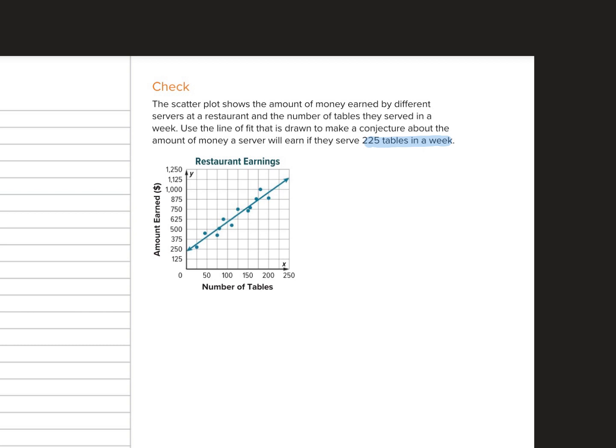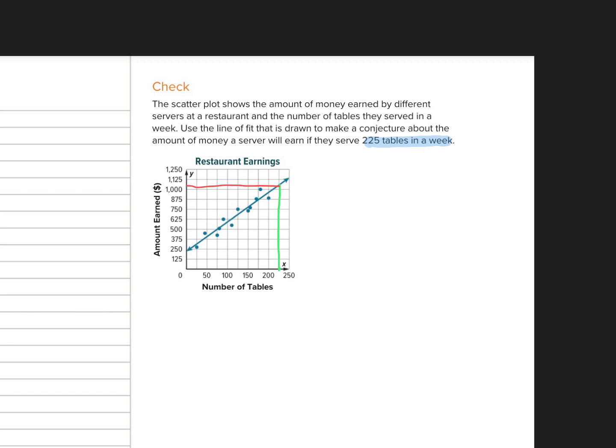Okay, so if I go to 225 on my x-axis and I draw a line up and I hit my line right here, oh man, it doesn't hit exactly on a corner, so I'm going to have to do some approximating. Okay, so if I then draw as close as I can over here, it looks like it's more than 1,000.